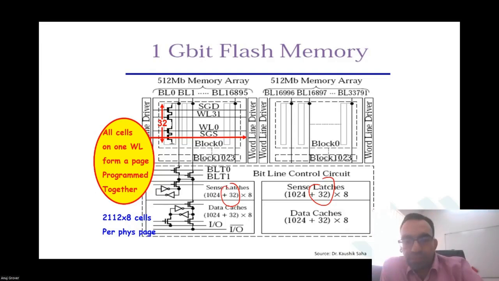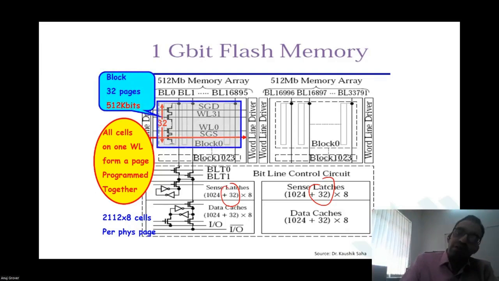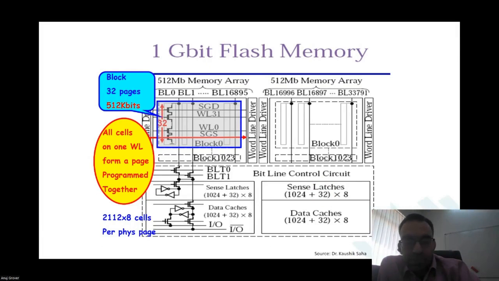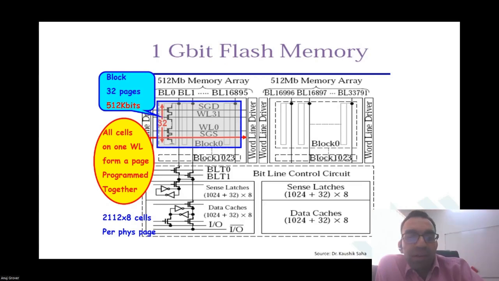Then this set of 32 pages is called one block. Okay. Now, when you erase the memory, so when you program row by row, you program every page in one go.